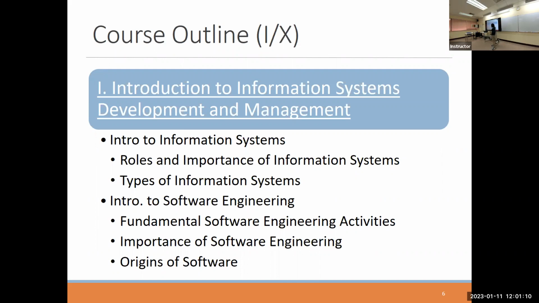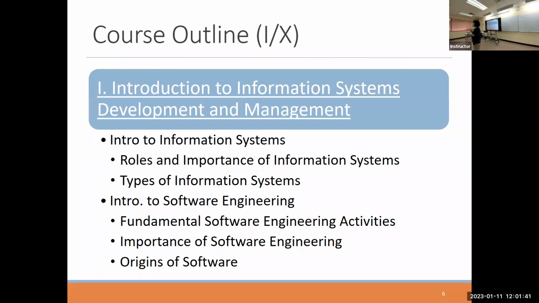And the types of information system, the roles of information system, and then an introduction to software engineering, because information system is a kind of computer system that manages data and serves certain operations to the business, and includes several components, including a software component. Information system and software are different things. Software is part of information system, okay?